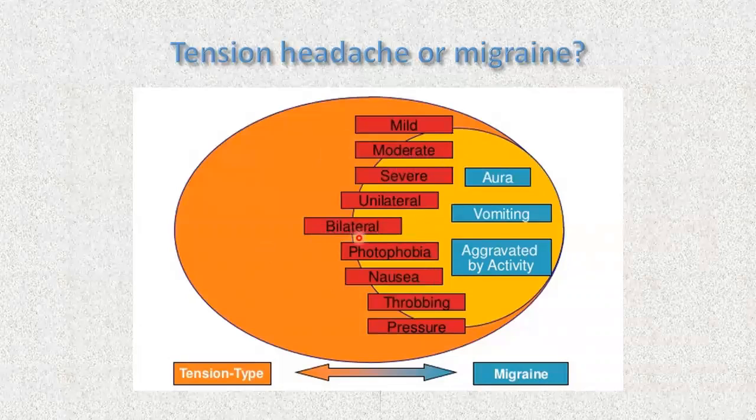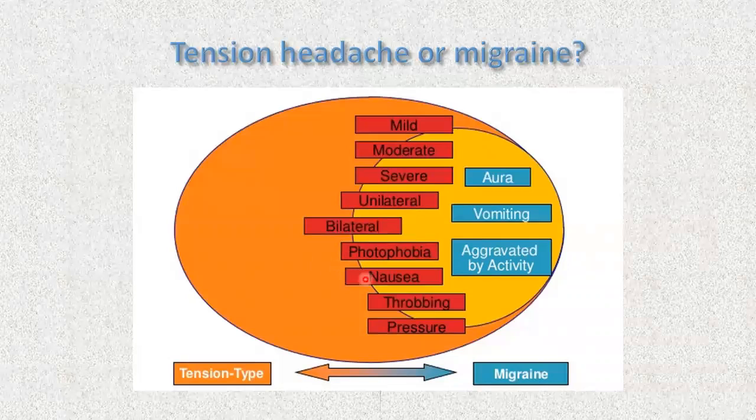Tension headaches can be unilateral or bilateral, but they're more likely to be bilateral. Migraines are more likely to be unilateral. Tension headaches rarely cause photophobia, i.e. light making it worse, whereas migraines typically will have some photophobia.